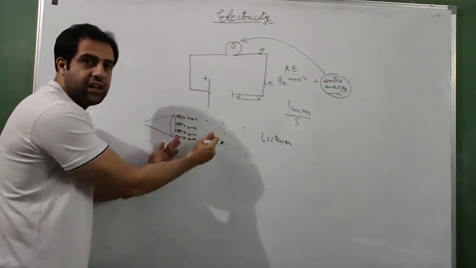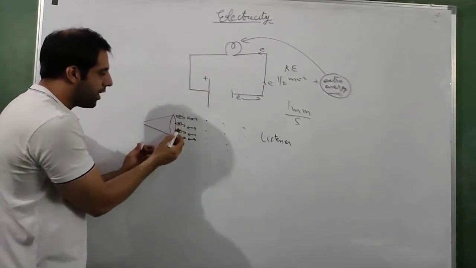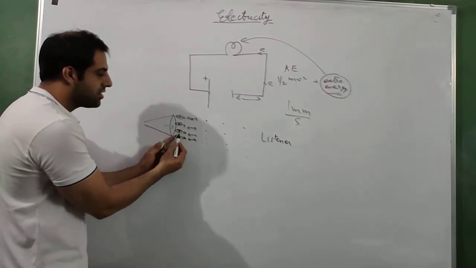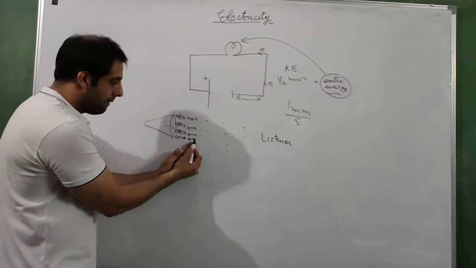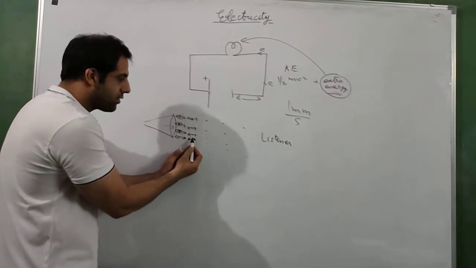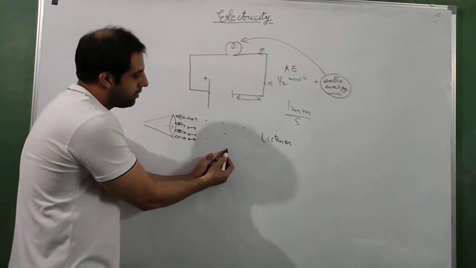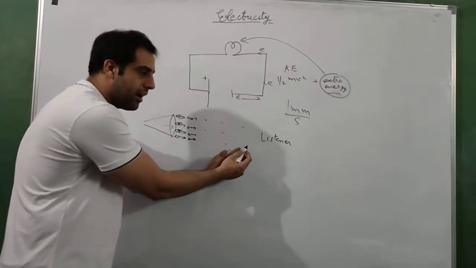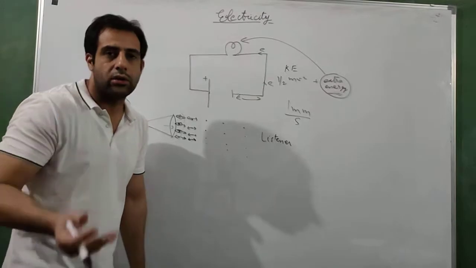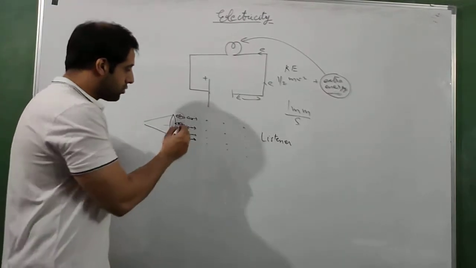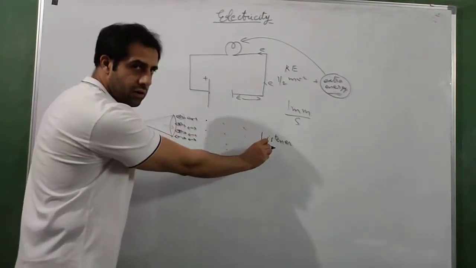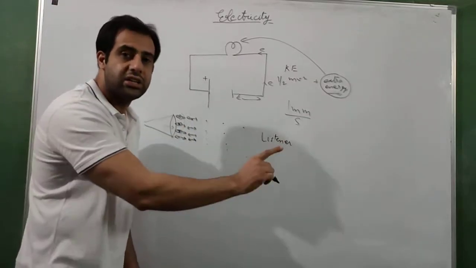They are just transferring the energy. Whatever energy they had acquired from the speaker, they transfer to this set of molecules. They start vibrating and transfer the energy to the next set of molecules. Then they start vibrating, and finally the listener hears the sound. So the actual molecules do not travel to the listener, only the sound energy travels to the listener.